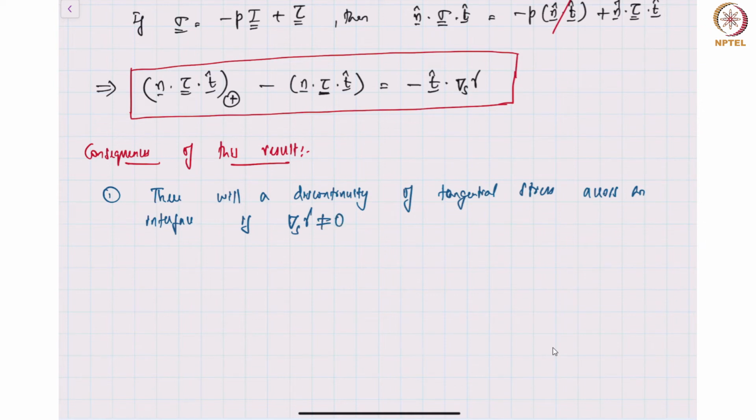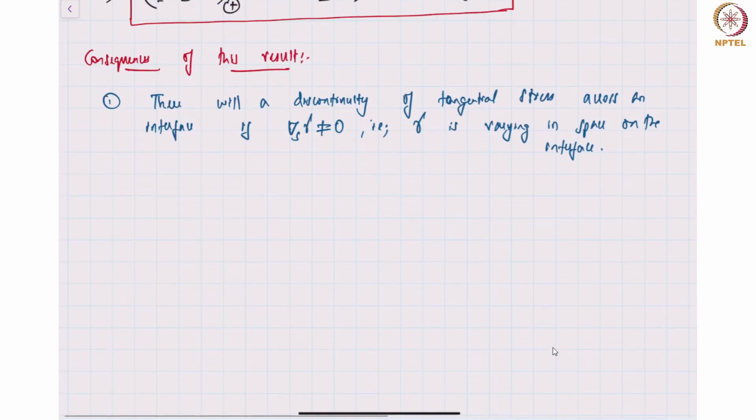That is, gamma is varying in space on the interface. That's the first observation, that if this term del S of gamma is non-zero, then you automatically have a discontinuity in the tangential stress across the interface.